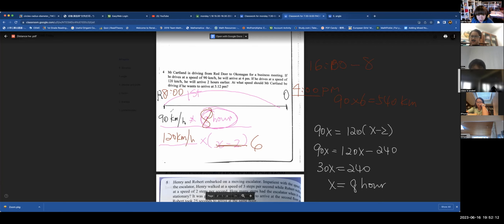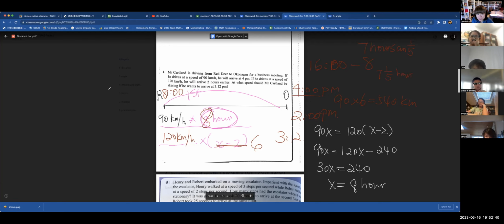And if he uses 120, he spends 6 hours, so he arrives at 2 p.m. But right now we want him to arrive at 3:12. So how many hours we want him to use is 7 and 1/5 hours, correct?